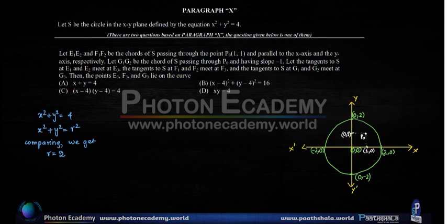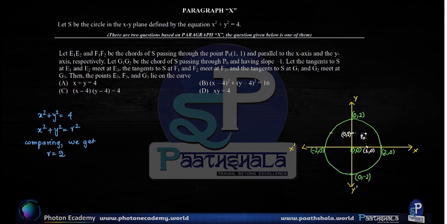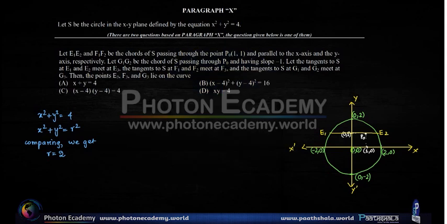It's given that E1 and E2 is the chord that is parallel to the x-axis. E1 and E2 is this chord. We will represent it as E1, E2. We have another chord which is F1, F2 which is parallel to the y-axis.